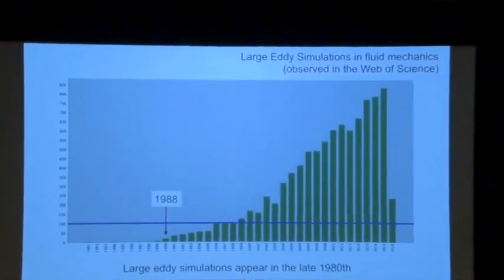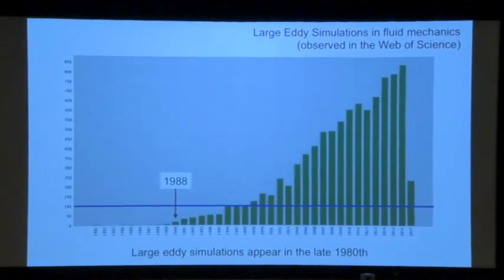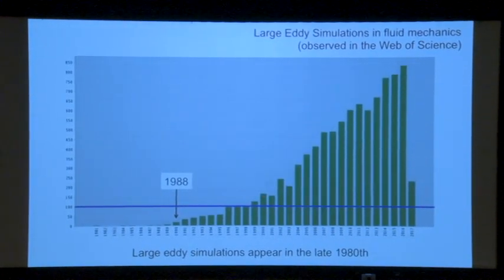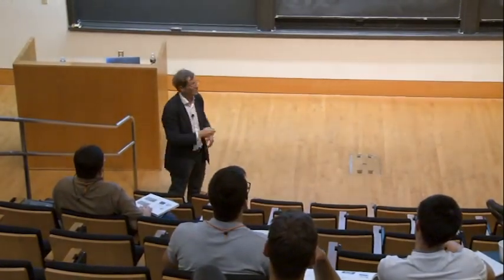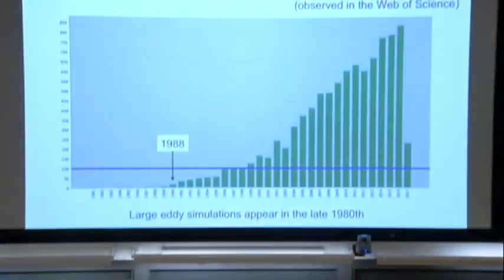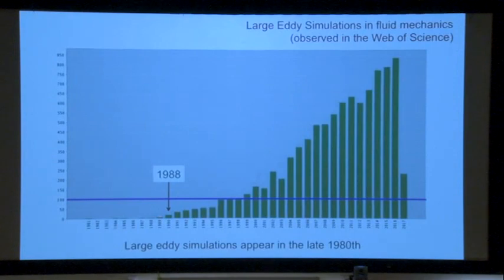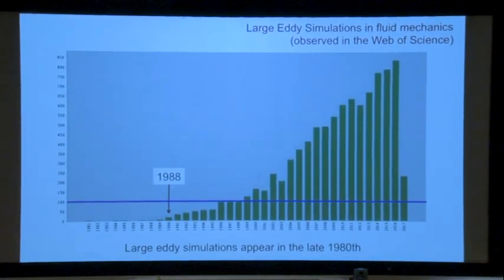This is showing, and then we'll stop, the growth of large eddy simulation in fluid mechanics. You can do that by putting the words large eddy simulation, fluid mechanics into the Web of Science, and you get this. You see that the starting point was around 1988.